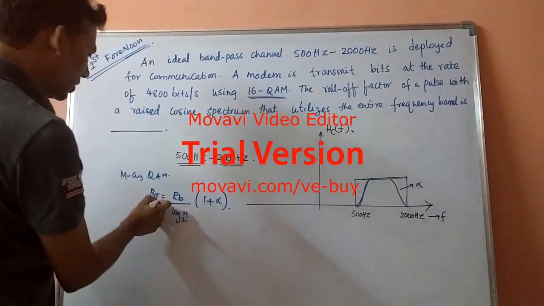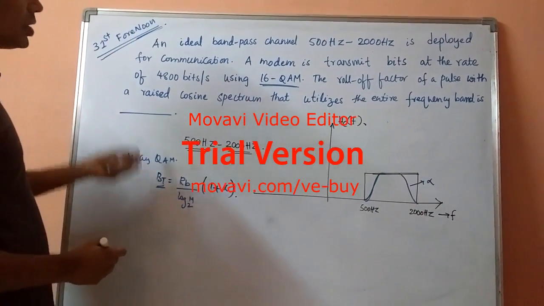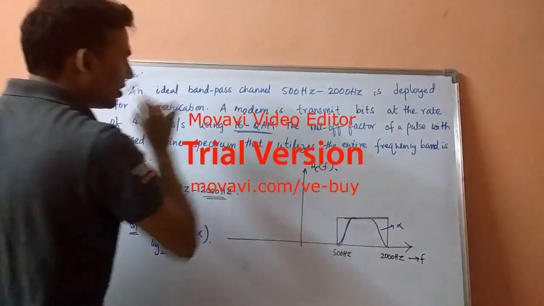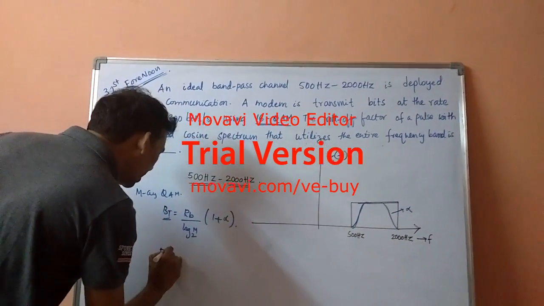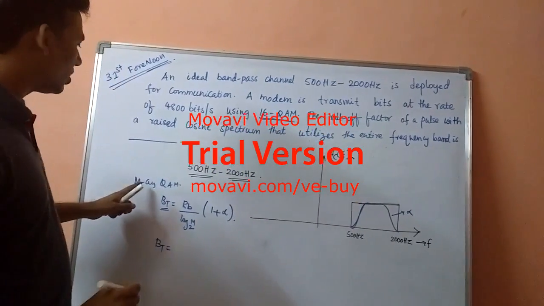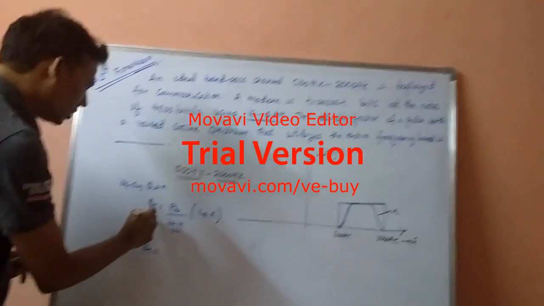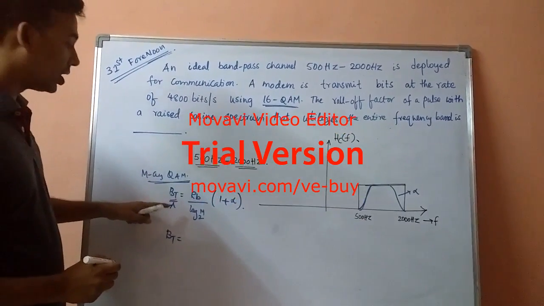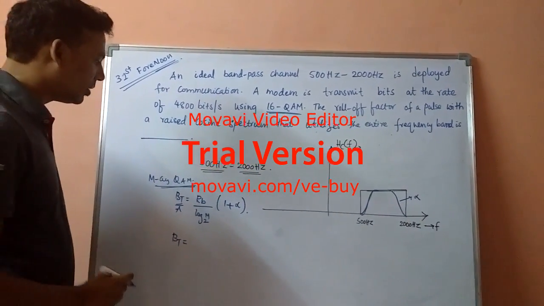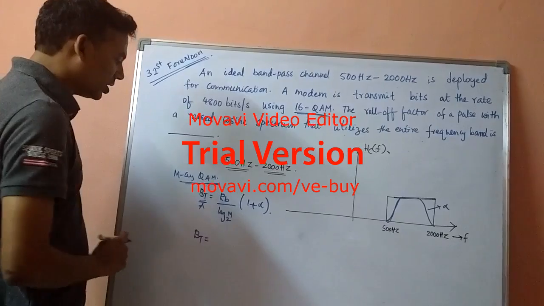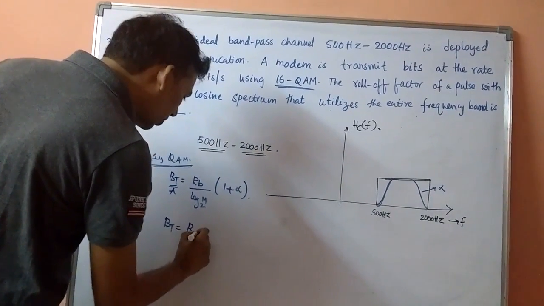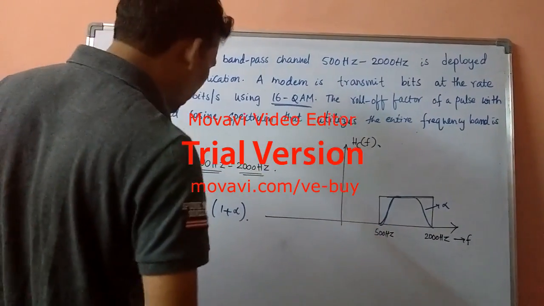So this transmission bandwidth for QAM utilizes the entire frequency band. That means BT, the transmission bandwidth of the signal, not the channel, equals the channel bandwidth BC.